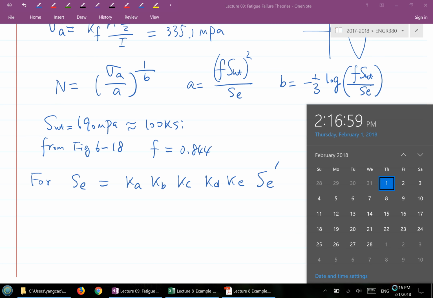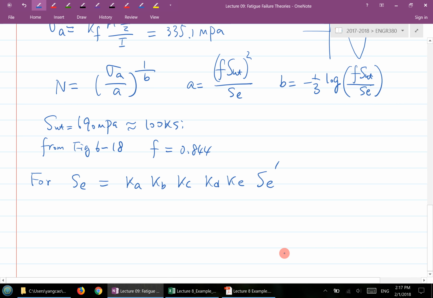Se prime is the lab condition endurance limit. If you have a table, you could look at the table, but typically you don't have one. So we use 0.5 Sut to find Se prime. Sut is 690 megapascals, divided by 2, so you get 345 megapascals. Okay, so that's your Se prime.